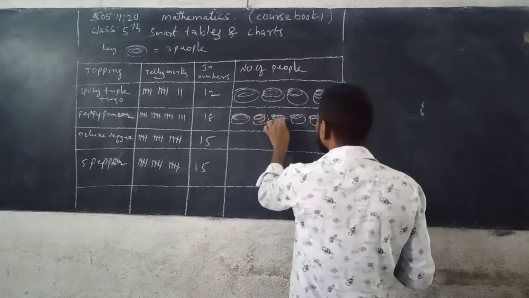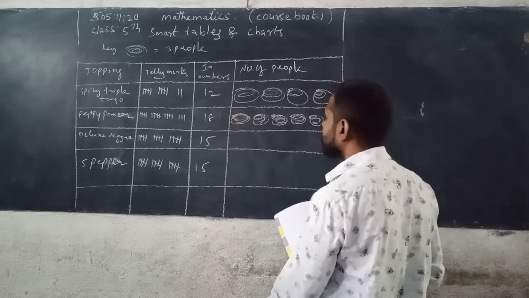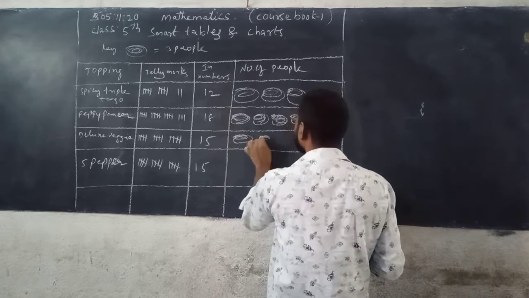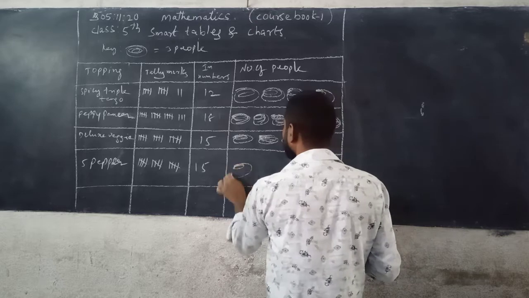These are the figures, okay? Next, deluxe veggie 15. 15 divided by 3, you get 3.